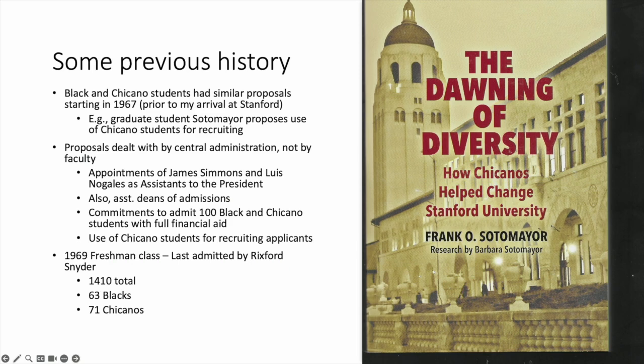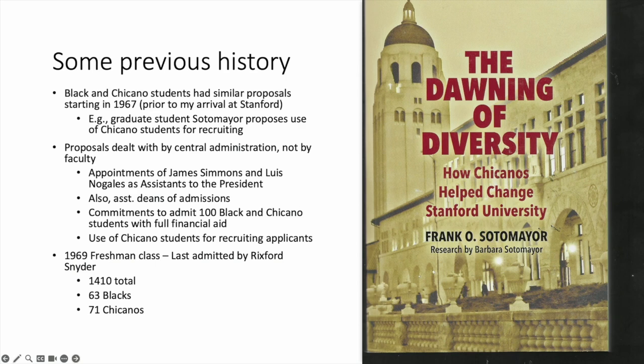And that is, Black and Chicano students had made similar proposals in the spring of 1967, prior to my arrival here at Stanford. The proposals had been dealt with by the central administration, not by the faculty. Remember, the Senate didn't exist at that point, nor did C-UAFA.